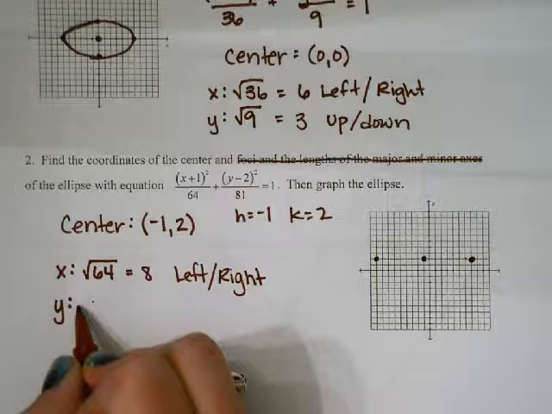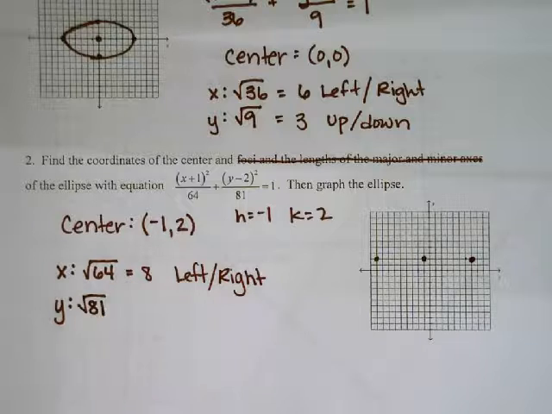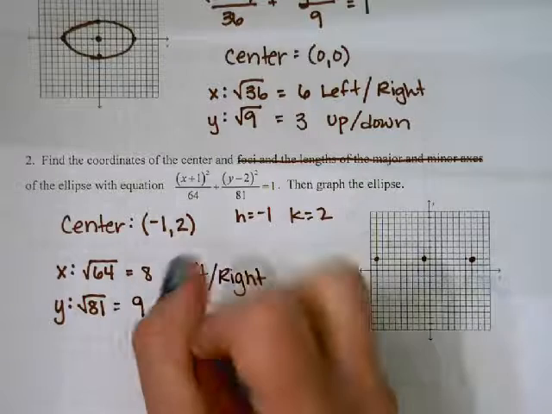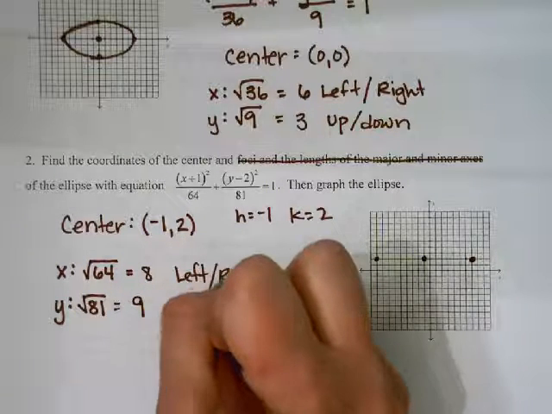So in the y direction, I'm going to take its denominator, take the square root. Square root of 81 is 9. So this guy is going to be 9 up, 9 down.